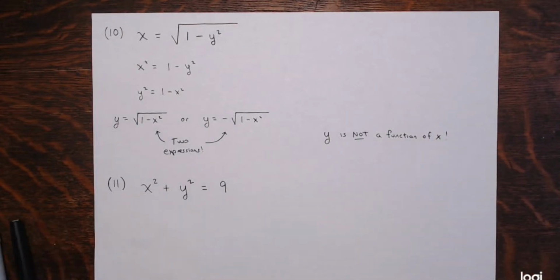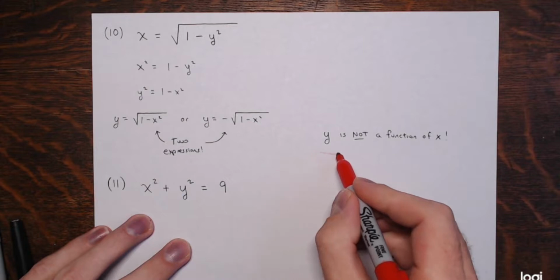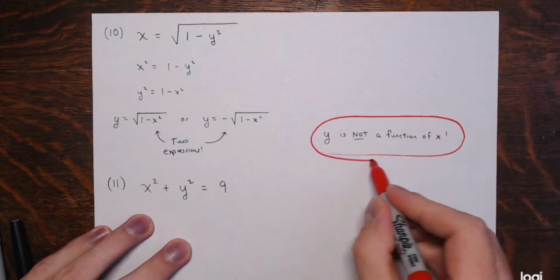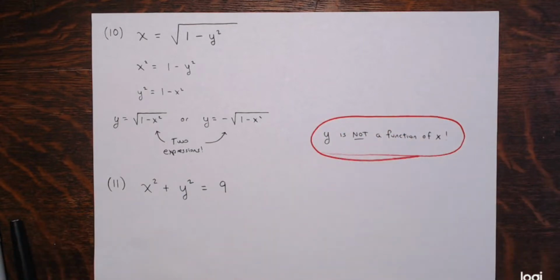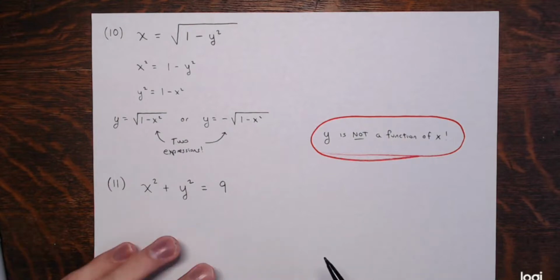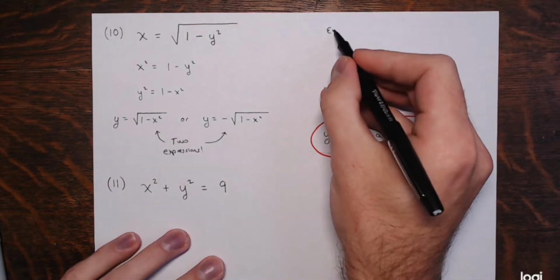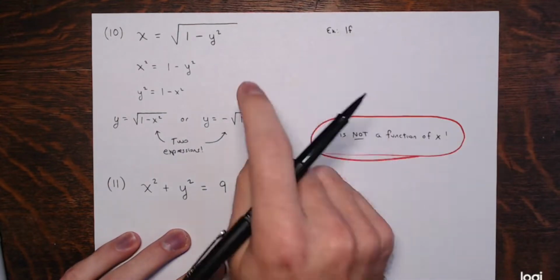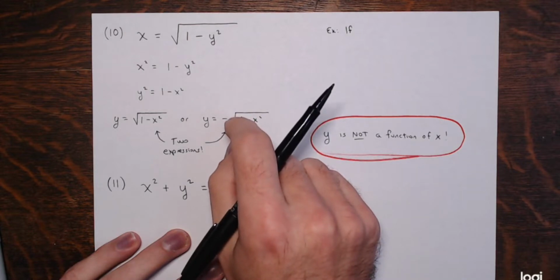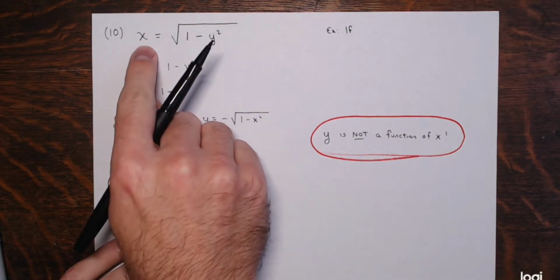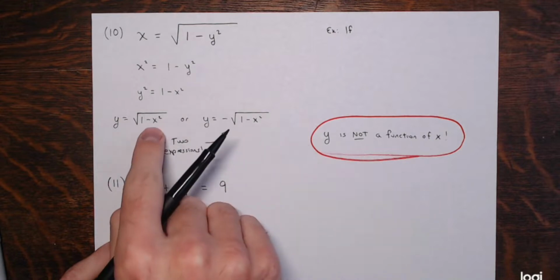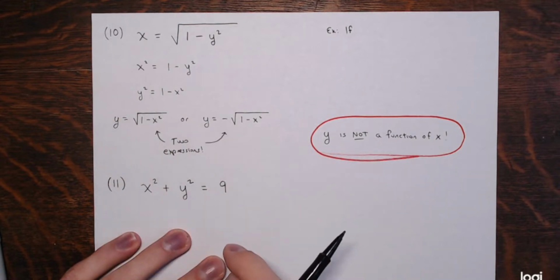There are values of x that you can plug in that will pair with more than one value of y. So for example, x equals 1 would be a bad one because you'd get 0 for both of those. So how about x equals 0?